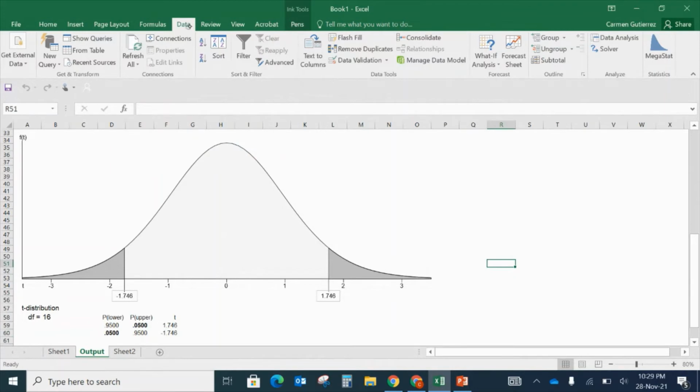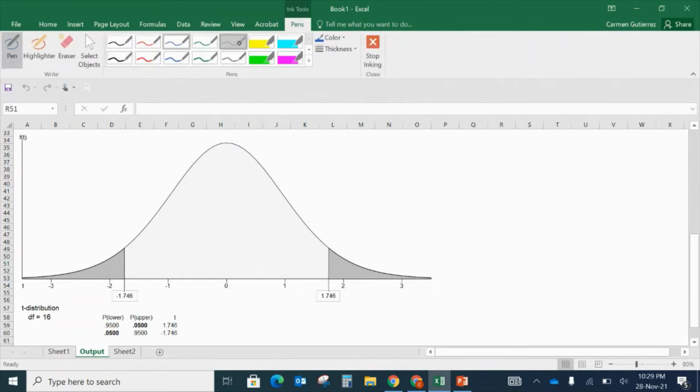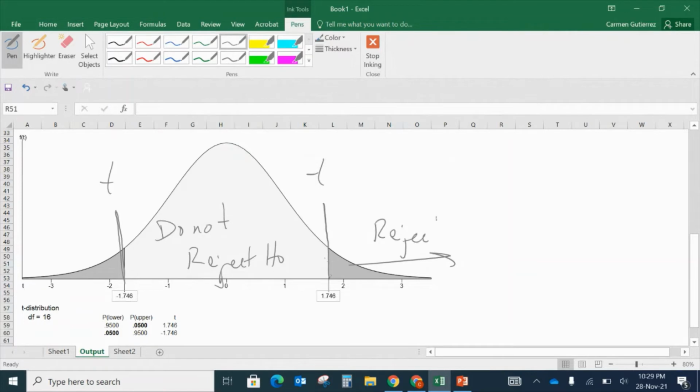So we get here the critical value. We have 2 because it was a 2-tail test. The critical values, the T that separate the do not reject H0 from the reject H0, are the T's plus or minus 1.746.